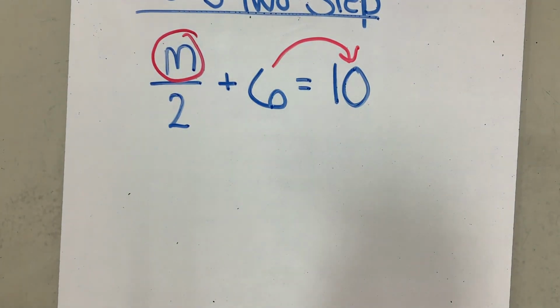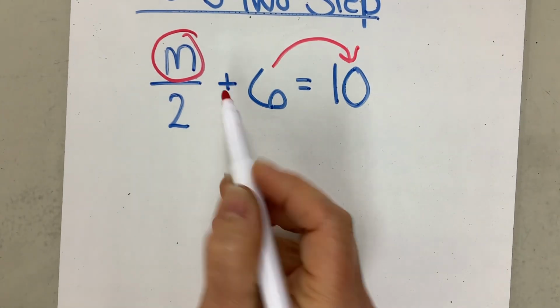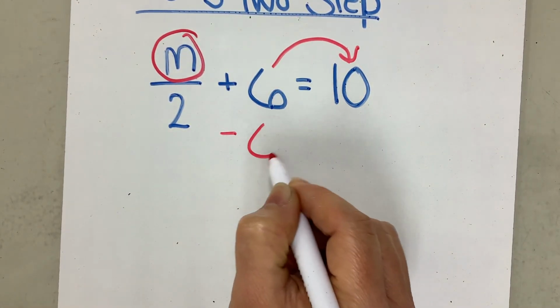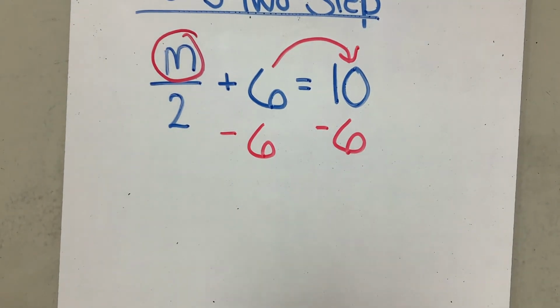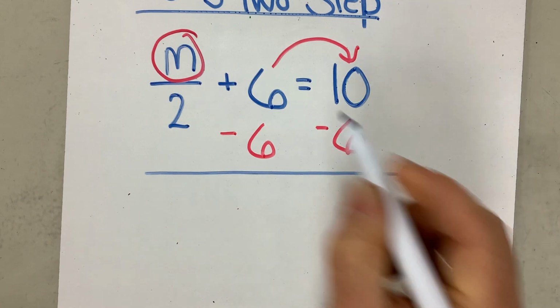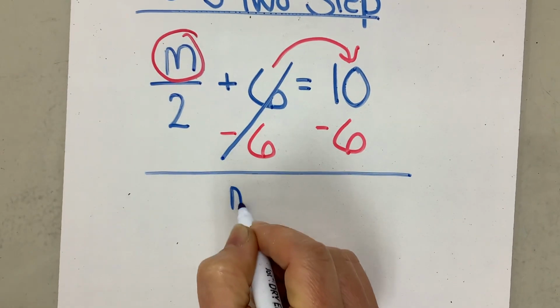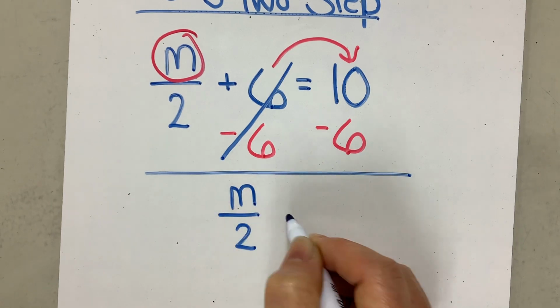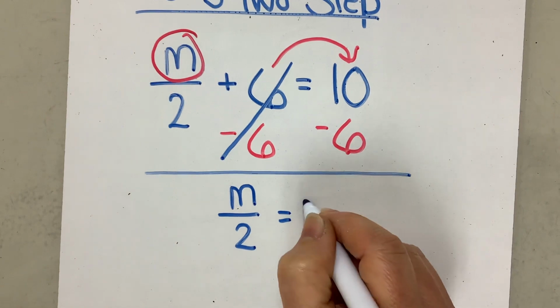Okay, we're going to do the inverse operation. So the inverse of adding is subtracting. Okay, when we do that, we get to cross that off, so we know that we've followed the correct steps. We have m over 2 equals, and then this is just 10 take away 6, which is a positive 4.